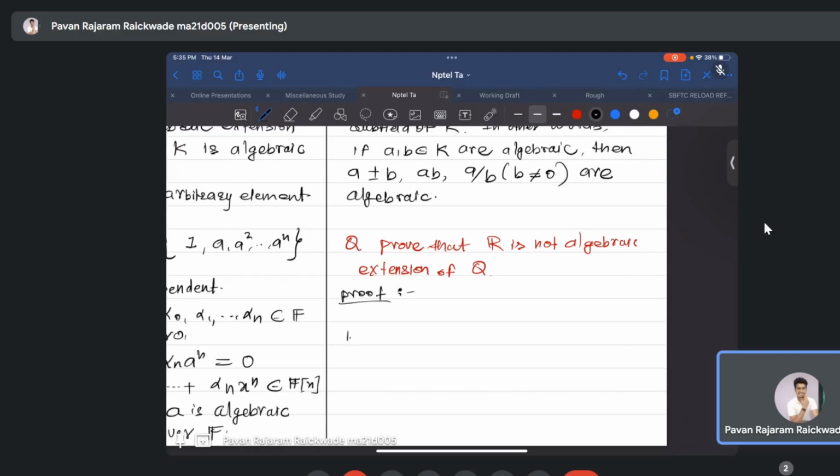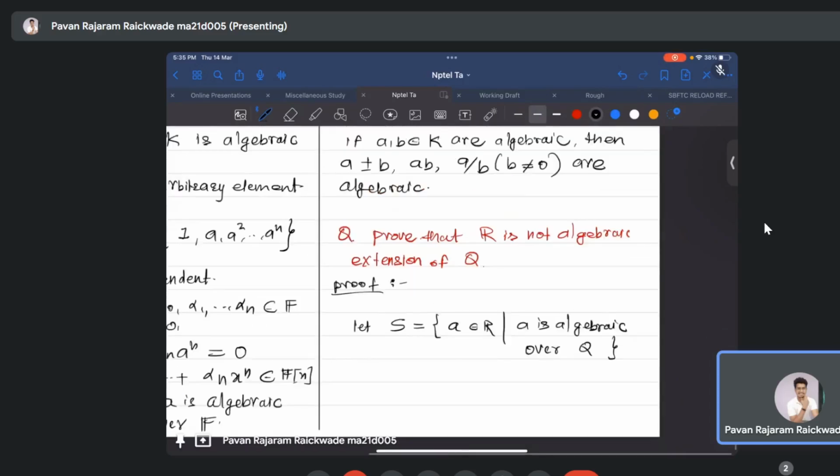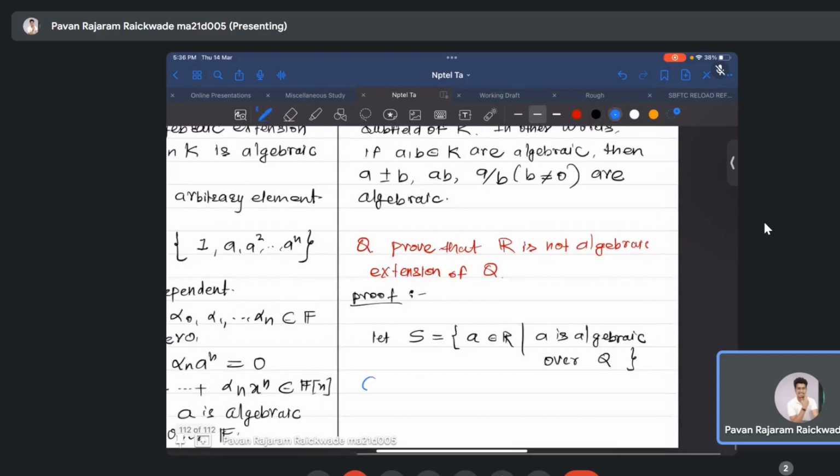Let S be the set of all a in R such that a is algebraic over Q. My claim is that S is countable.